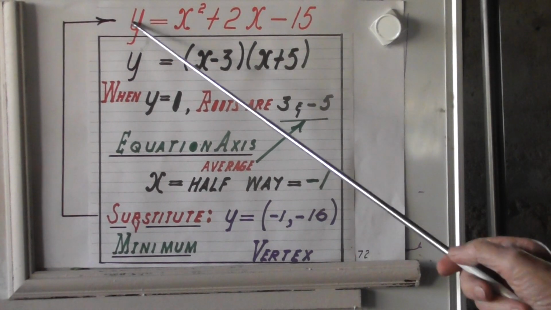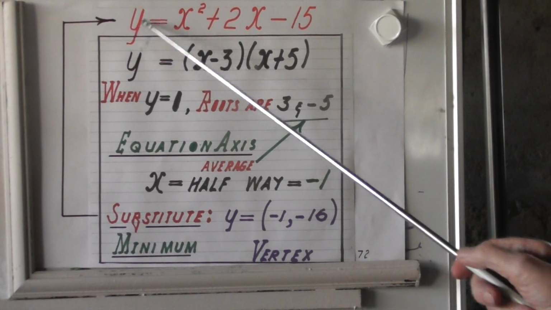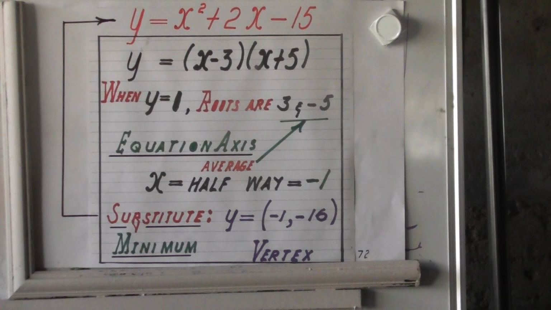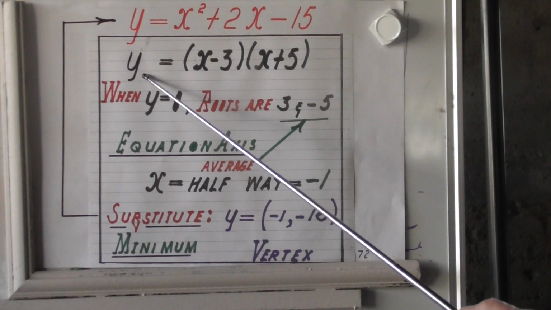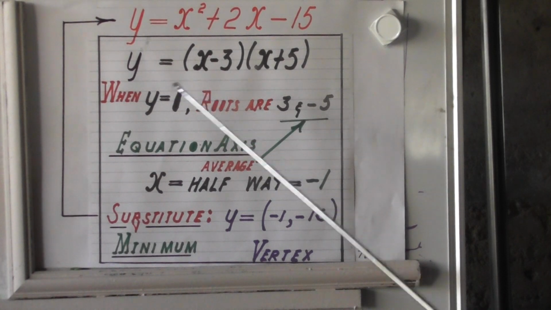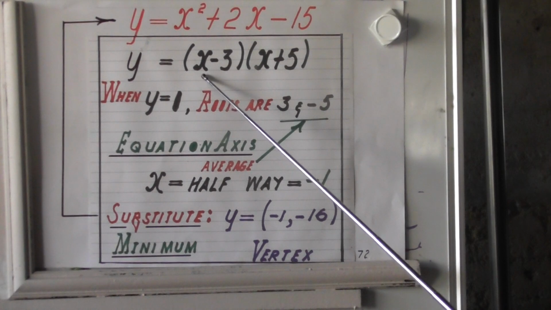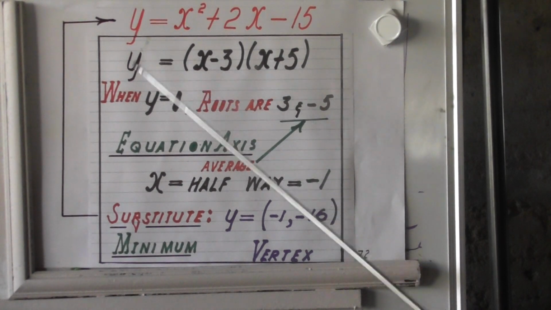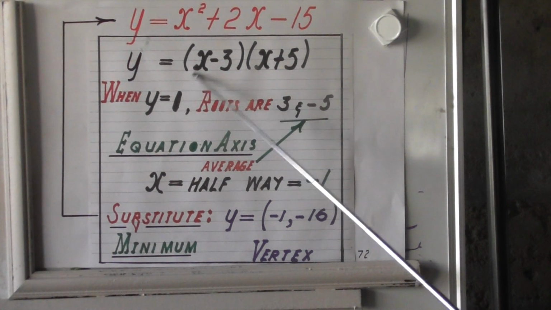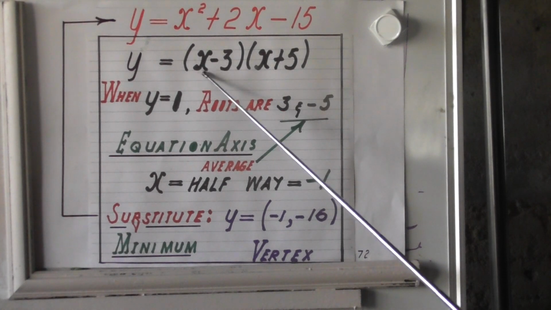So we're talking about the parabola y equals x squared plus 2x minus 15. Now we know that y is naught when x is 3 or when x is negative 5.